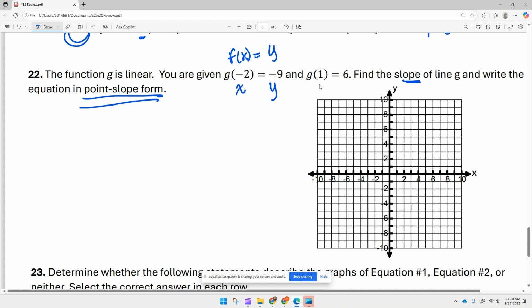That means that 1 is x. That 6 is y. So when we find our change in y, that's going to be 6 opposite, that's +9, and then 1 opposite +2. 6 plus 9 is 15. 1 plus 2 is 3. That's going to give me a slope of 3.